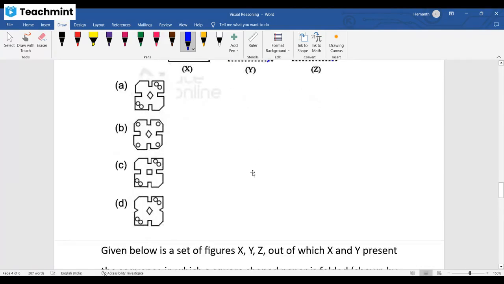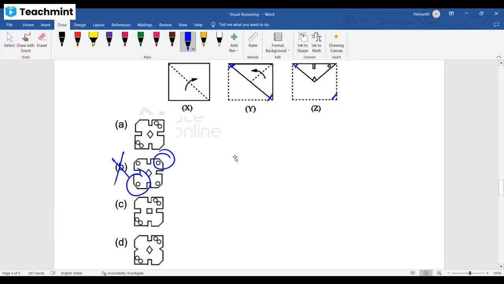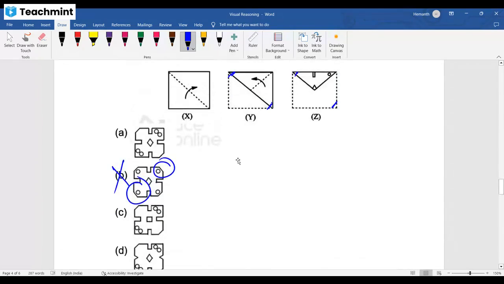Okay, that's there in all options. But top right side, is there any cutting? No cutting. So here also no cutting in bottom left side. So cutting here is wrong. Next, how many circles? Yeah, this one, that one shape will keep on expanding and it will give like a rhombus.